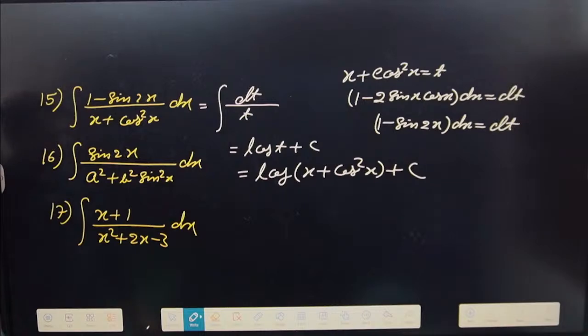I hope that is clear. This is question number 15. Now the next part is question number 16. How can we do it?